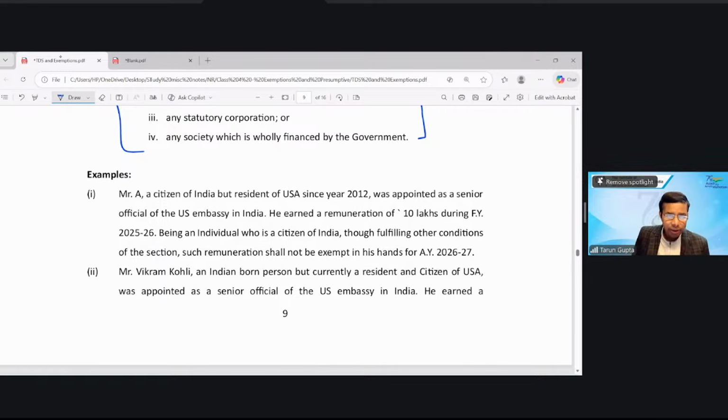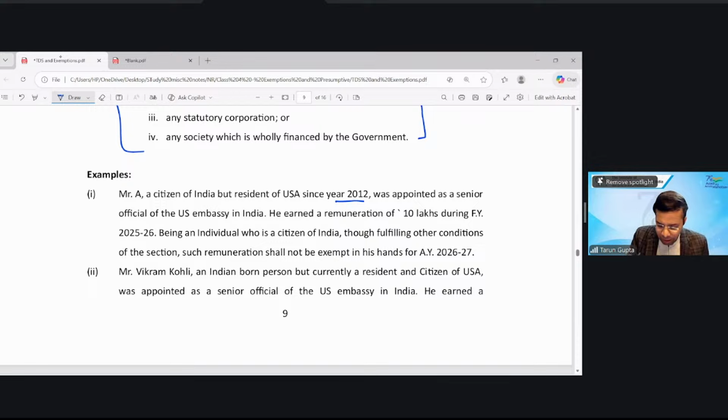Mr. A, a citizen of India but resident of USA since the year 2012, was appointed as a senior official of the US Embassy in India. Okay, we're talking about an employee of the US Embassy in India. This income is exempt if a similar exemption is provided by the US to the Indian embassies' employees.